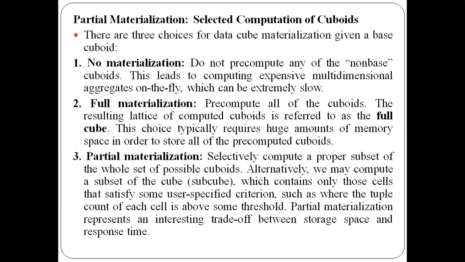The first one is no materialization. In no materialization, we will not pre-compute any of the cuboids. We will not compute any cuboids in advance, only if it is required by the user. On the fly we will be computing the cuboids. That is called no materialization.